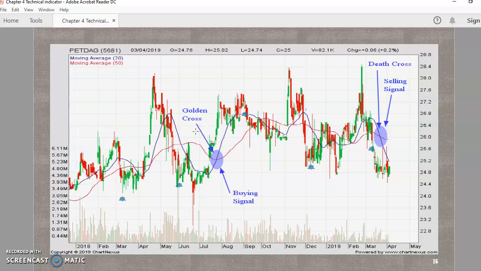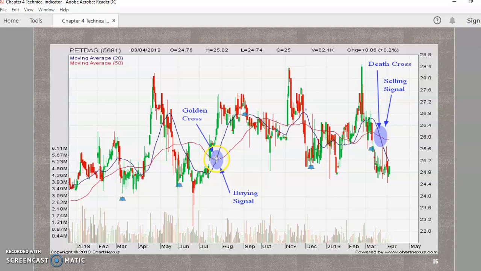By looking at the intersection between those two lines. For example, the buying signal or the golden cross, we call the intersection a golden cross. When you see the shorter moving average cross above the longer moving average, okay, this is a buying signal.